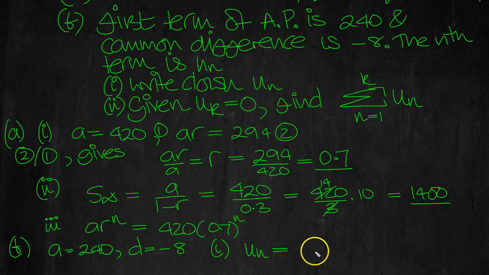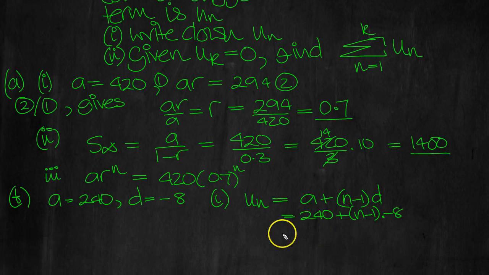The nth term is a plus n minus 1 d, which is equal to 240 plus n minus 1 times minus 8, which equals, that'll be plus 8 when you expand the bracket, so it's 248 minus 8n. So there's un, part 1.